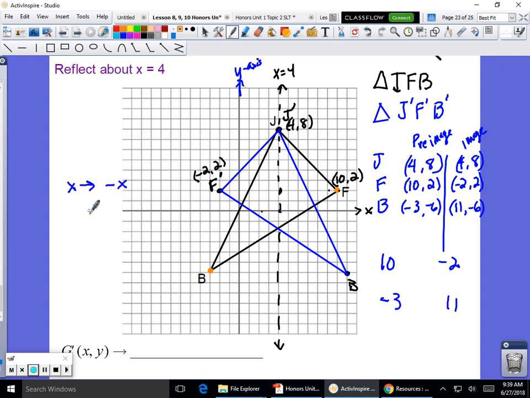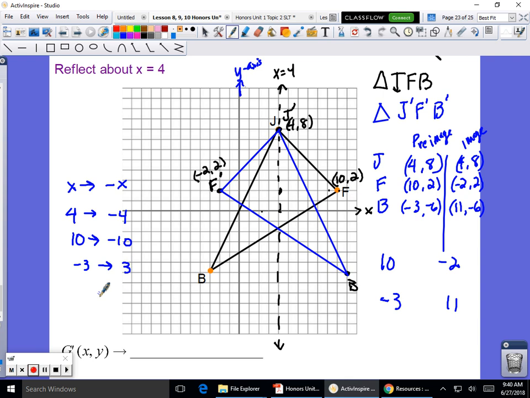Okay, so let's look over here. The 4 would have changed, if we were reflecting over the y-axis, to the opposite of 4. The 10 would have changed to the opposite of 10. And the -3 would have changed to the opposite like that.